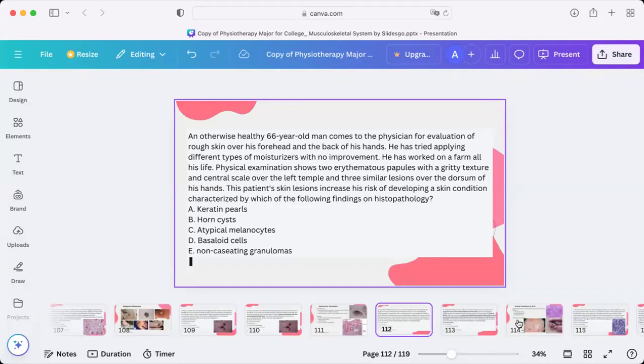So what does he have now? And what is he at increased risk of developing in the future? That's a great diagnosis. So that means what disease will he develop later on? And what is the histological hallmark finding of that disease?